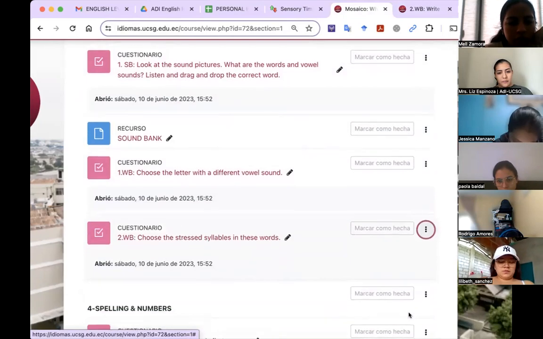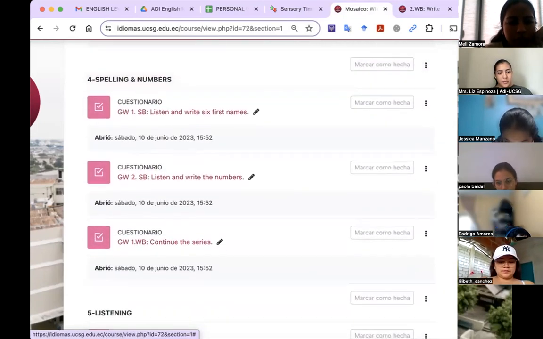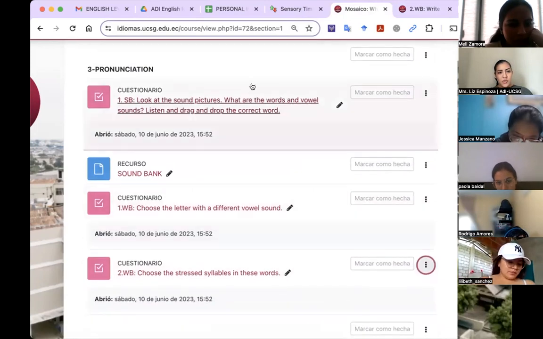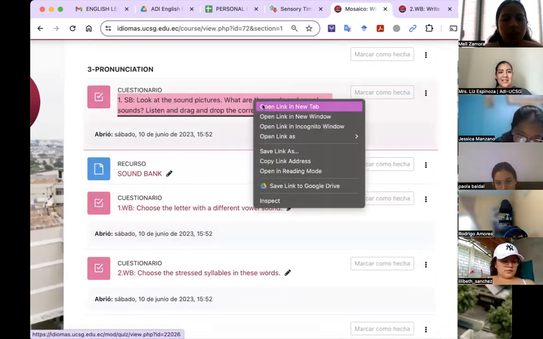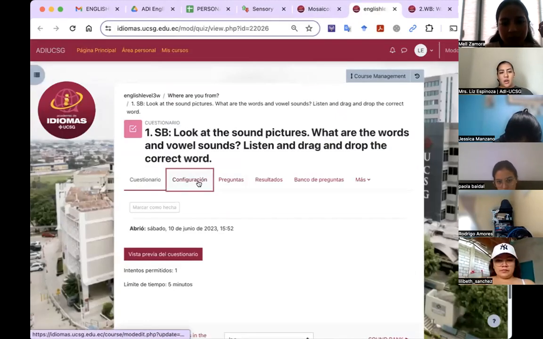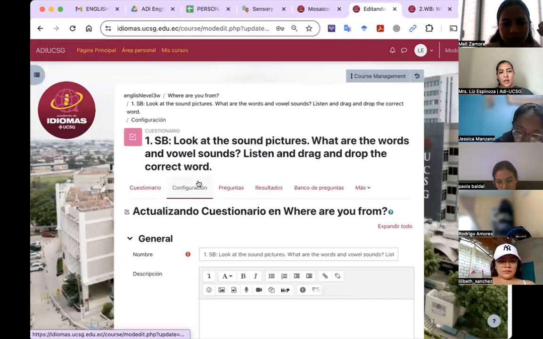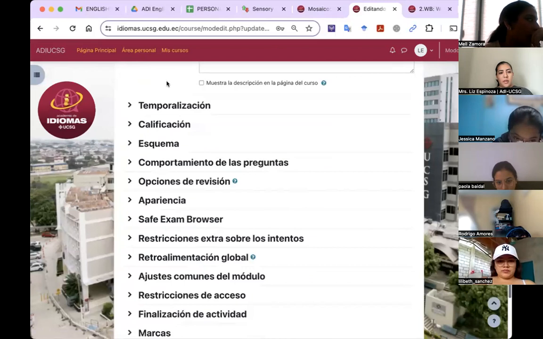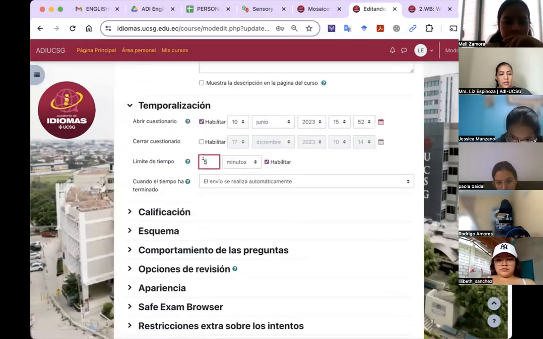There we are. Yes, this is something you did yesterday. So pronunciation. Here it says, look at the sound pictures. What are the words and the vowel sounds? Listen and drag and drop the correct word. Okay, let me put 10 minutes so we can do it together.